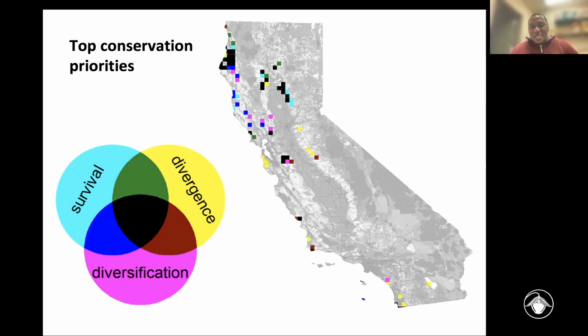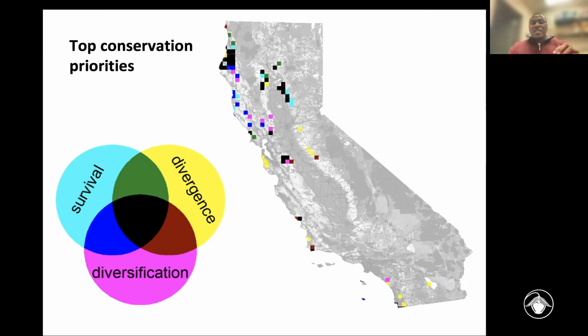Areas that have dark gray color are areas that are already protected, and areas that have lighter shades are areas that are not currently protected. And so those were ranked to be more important than areas that are already protected.